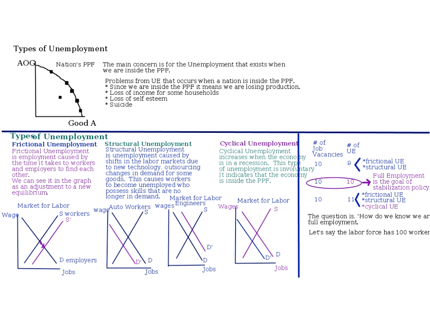Okay, then at the full employment level depicted above, the unemployment rate will be equal to 10, which is the number of unemployed, right? 10 divided by 100, which is the number in the labor force, times 100, which is equal to 10%.